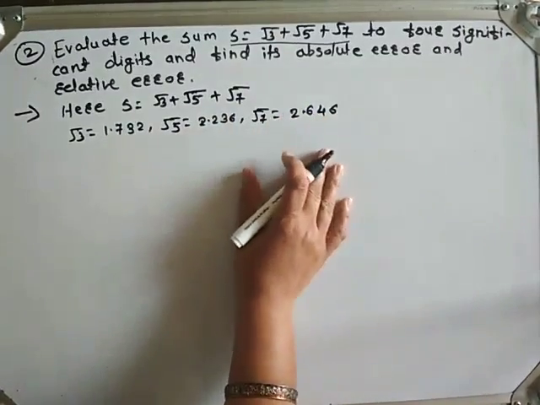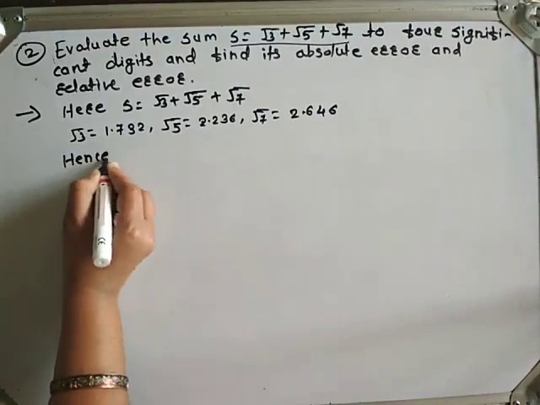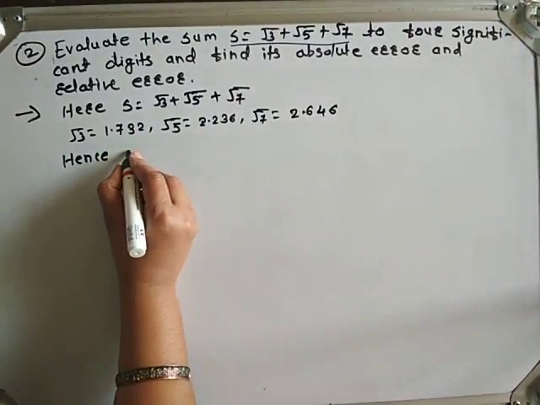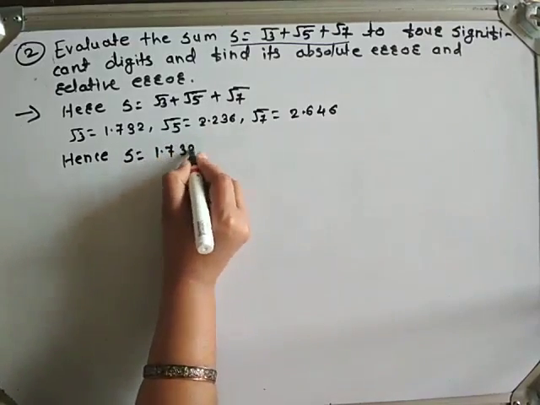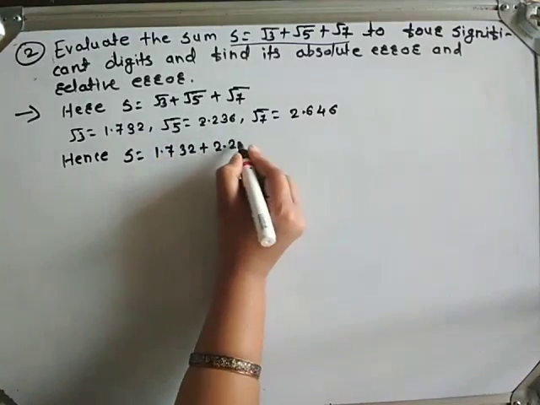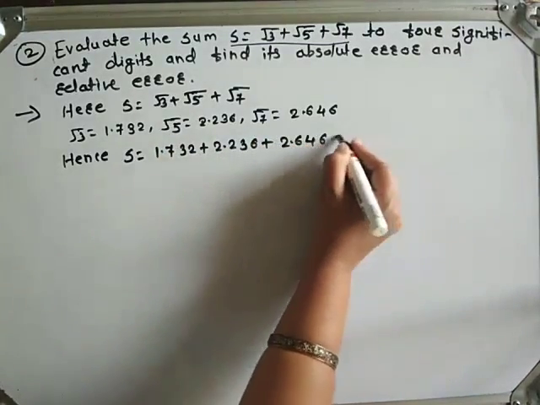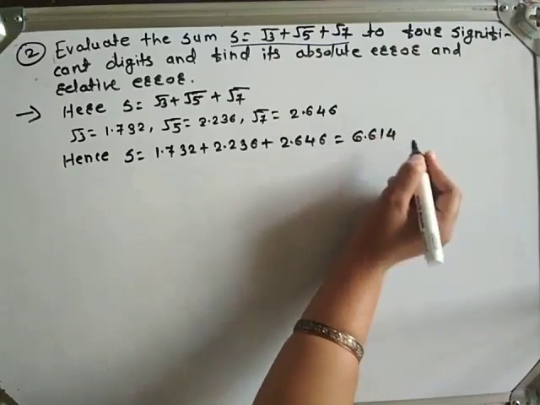Calculate these values on calculator. Hence, add these three numbers, we get S is equal to 1.732 plus 2.236 plus 2.646, which is equal to 6.614.